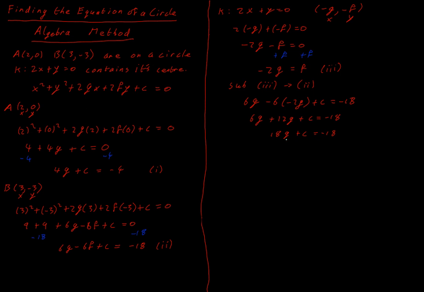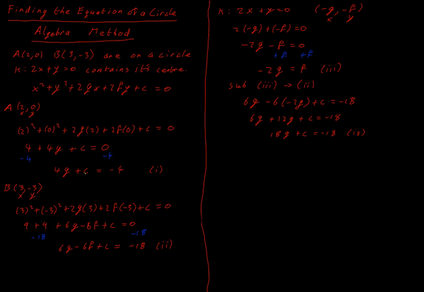I now have an equation, I'll call this equation 4, which is an equation that only involves g and c. I have another equation that only involves g and c, so now I can do simultaneous equations on these. And fortunately, I have very easy simultaneous equations because I have a plus c here and a plus c here.